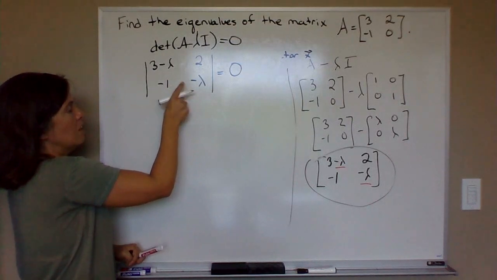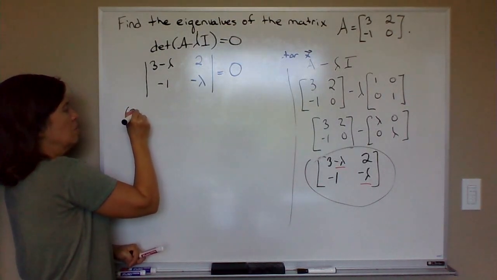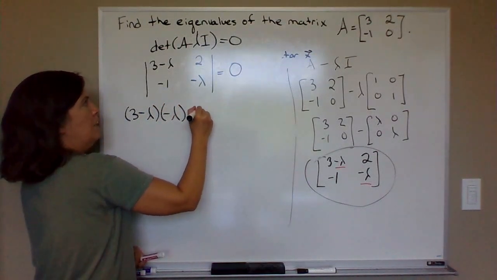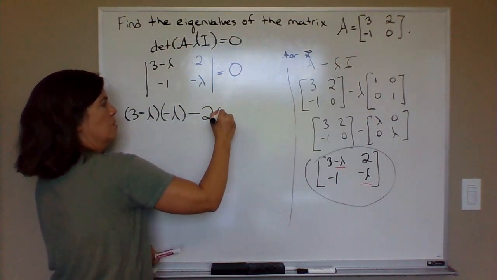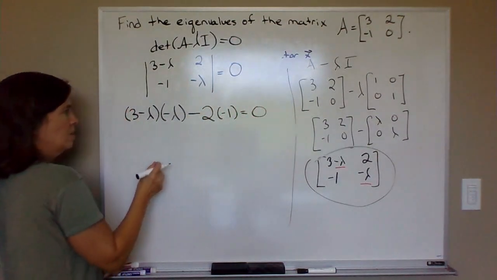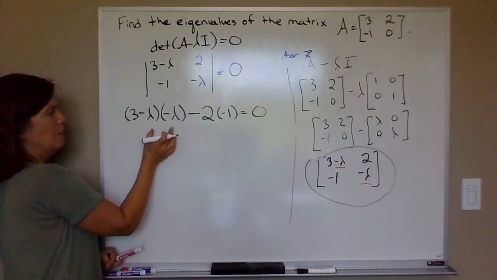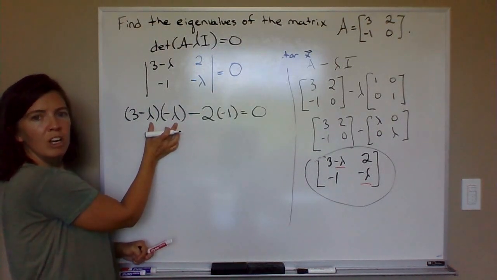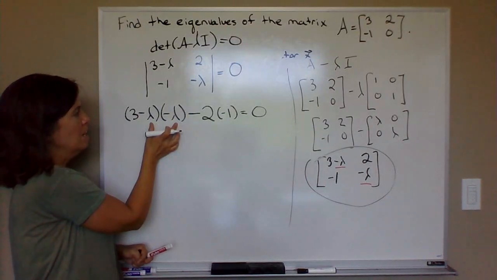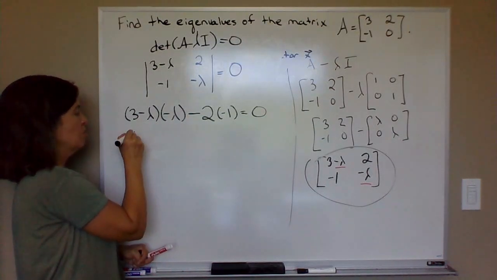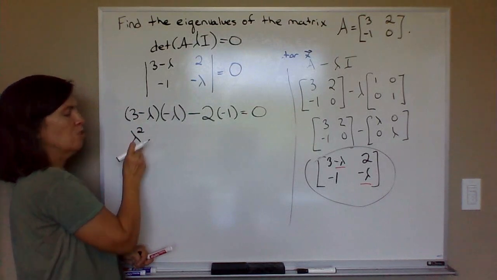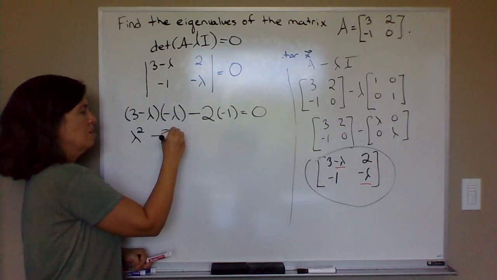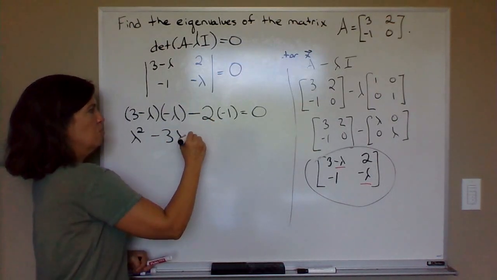We do 3 minus lambda times negative lambda, minus 2 times negative 1. So if I distribute the negative lambda here, I'm going to multiply these first. Negative lambda times negative lambda is positive lambda squared, which is why I wanted to multiply those first. And then negative lambda times 3, so that's minus 3 lambda, and then plus 2 here.